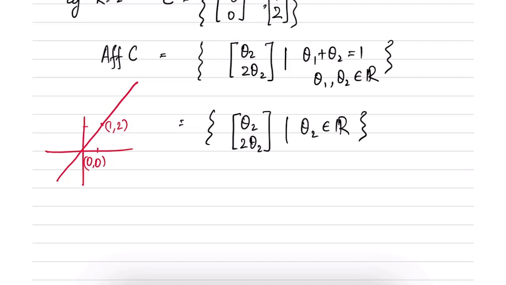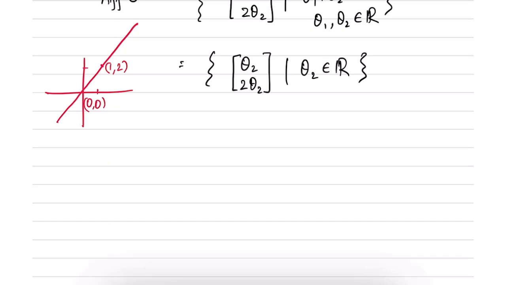And the affine hull of these 2 points is precisely the line that passes through them. So this is another way to interpret the affine hull. What we are doing when taking affine hull is taking any 2 points within a set and then making a line pass through them. And if there are more points within a set, we will make a plane pass through them and so on for arbitrary n.